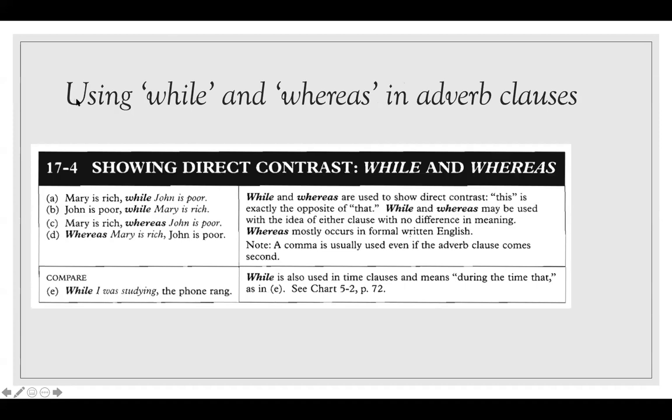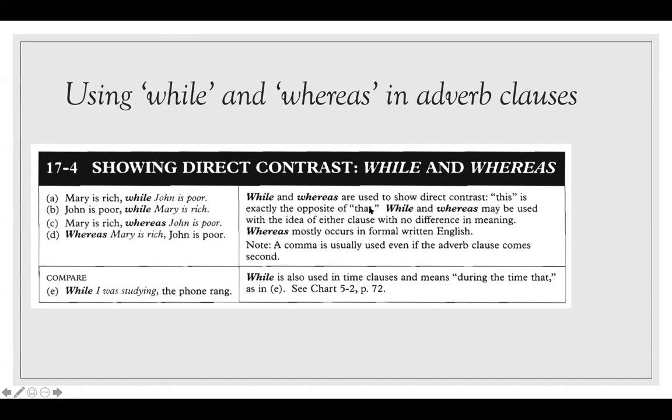So another adverb clause that we can use is while and whereas. While and whereas express direct contrast. The other ones express unexpected and expected contrast, while and whereas are used to show direct contrast.